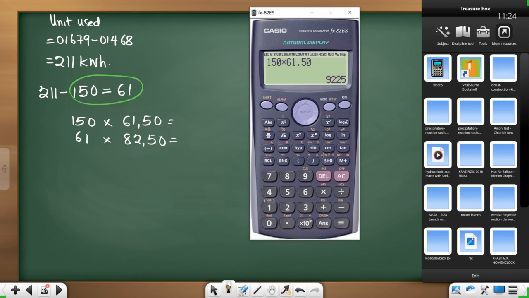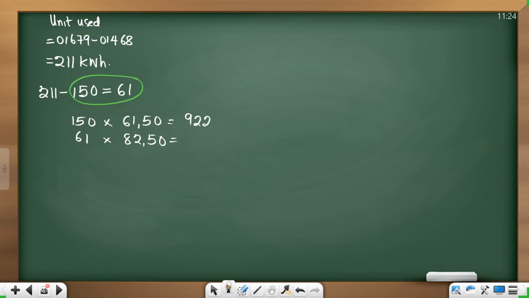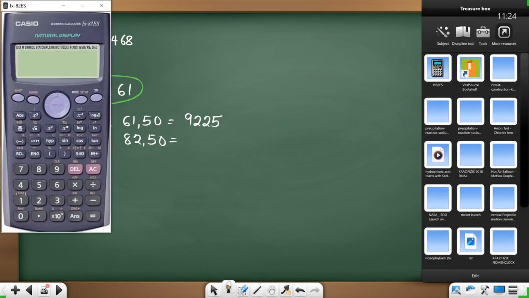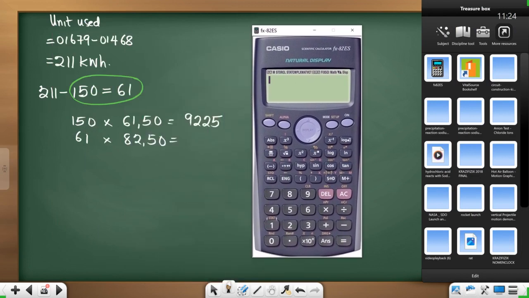What do we have? 9225. That is in cents. Don't be confused. 9225. Let me get my calculator again and redo 61 times 82.50. What would that give us? 5032.5.